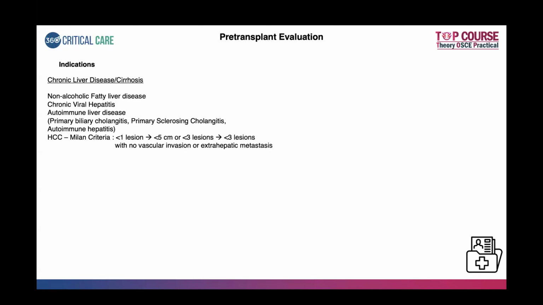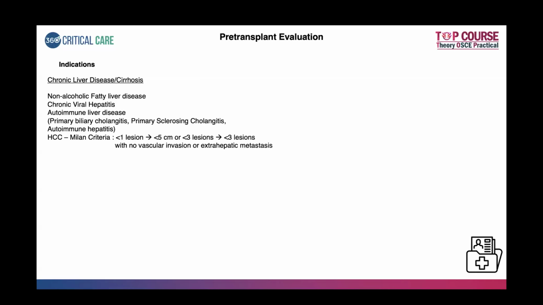And hepatocellular carcinoma can be considered for transplantation, provided it fits into this criteria. Now, there are almost 10 to 15 criteria for transplant in an HCC patient. But from an exam perspective, I think this one name is sufficient for now.